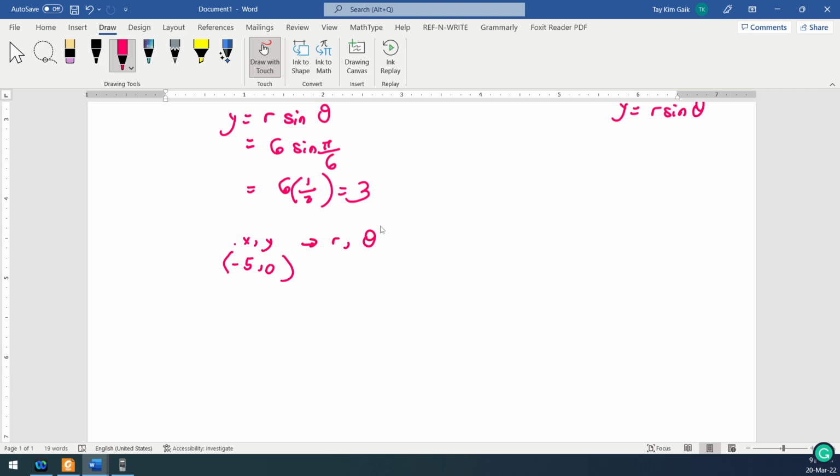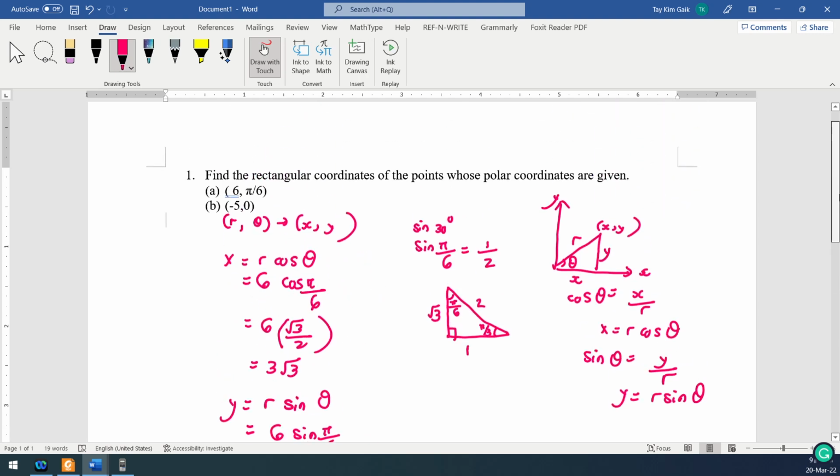Again from the same diagram, using Pythagoras' theorem, r squared is x squared plus y squared. Taking tangent, tan theta is y over x, so theta is arctan of y over x.